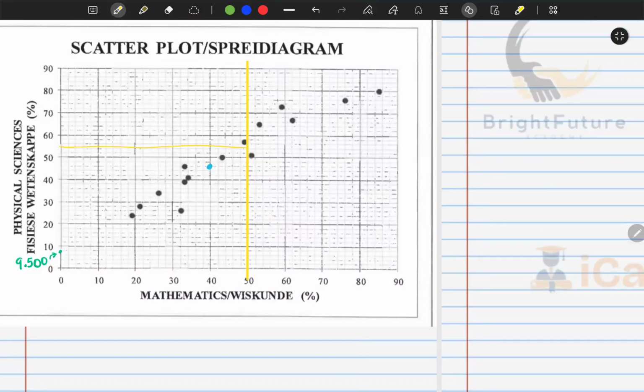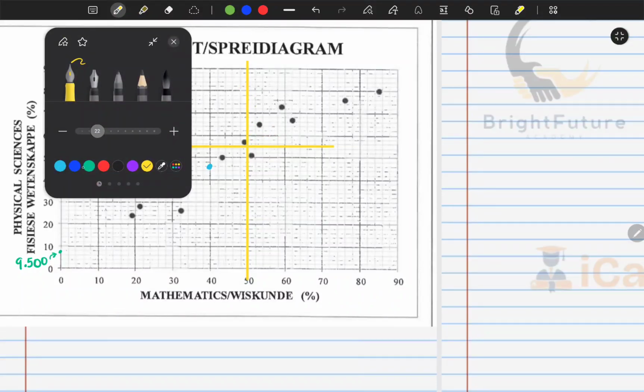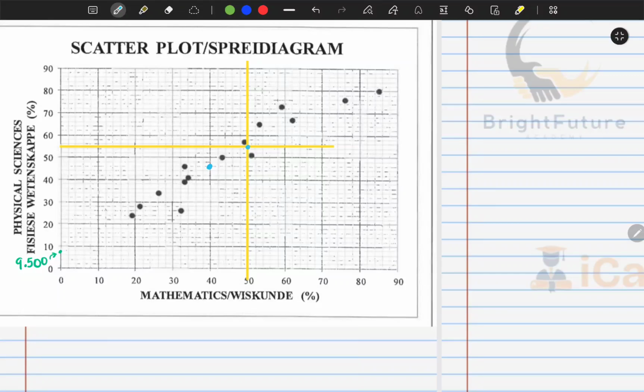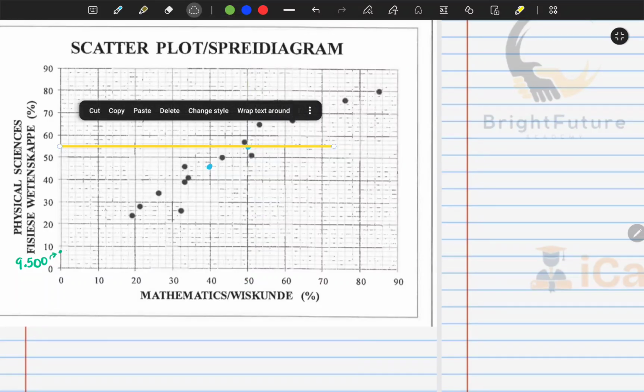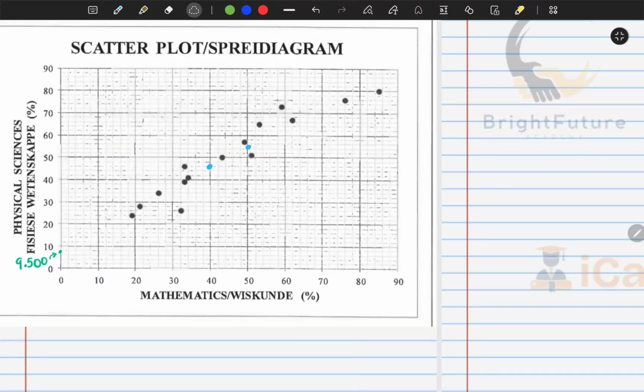So 55 would be right about there, right? And then we can just make sure that we put in our point to be somewhere there, okay? And then we can now delete these lines, right? And now we are in a position where we can just draw a straight line connecting these.